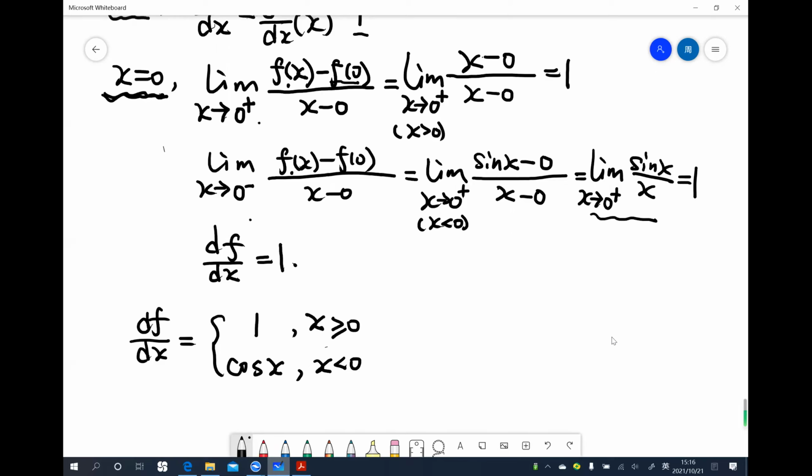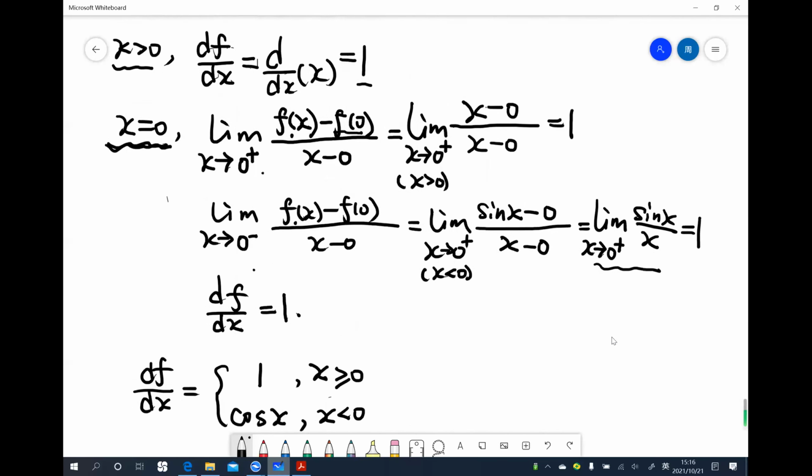So this is the conclusion, the final result of this example. Any questions?